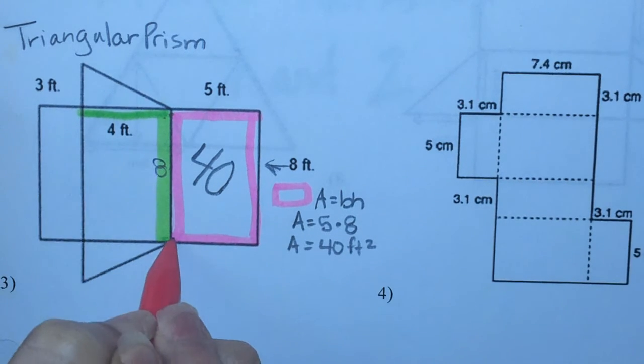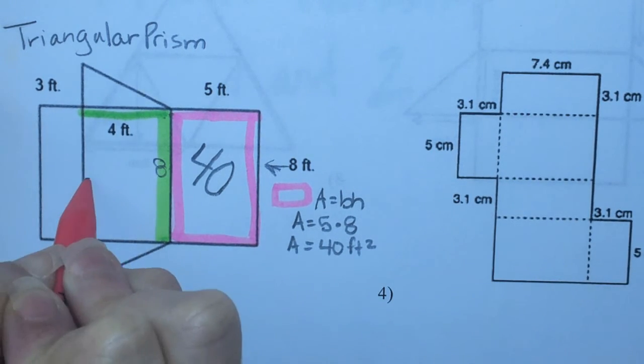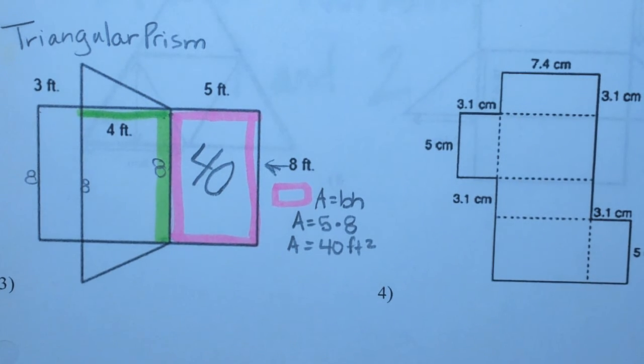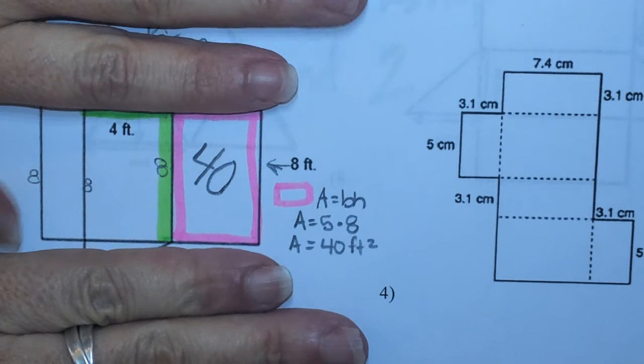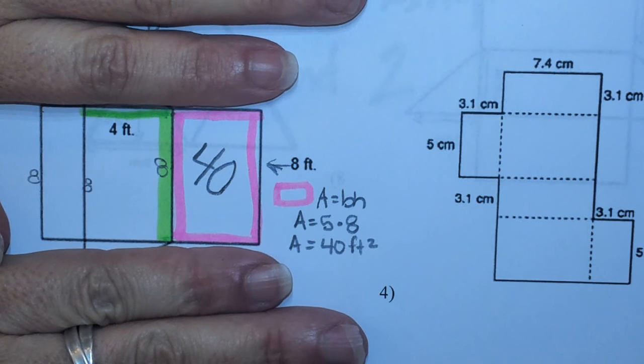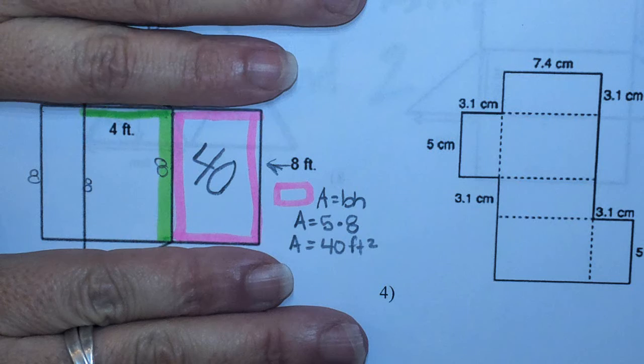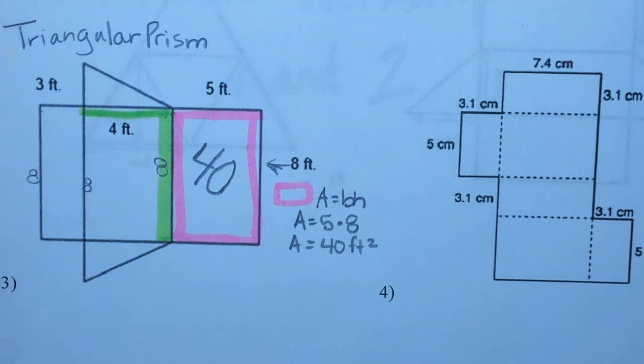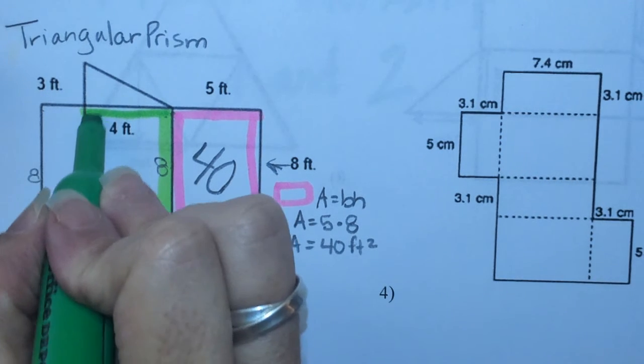Like that one's still 8, that one's still 8, that one's still 8. Because anything from there to there can be the same number, right? Okay, so if you need to move numbers over, move them over. Okay, so the green rectangle is a 4 by 8.